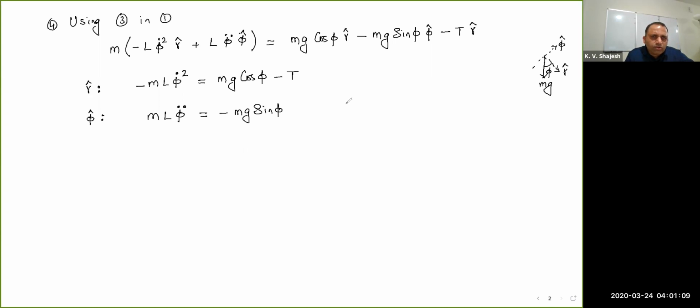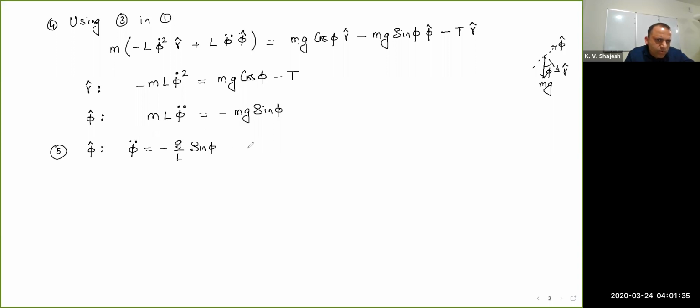So maybe I should point out here some interpretations. So the phi hat direction, if I were to cancel out the mass m, divide out by L, what we have is phi double dot is equal to minus g over L times sine phi.